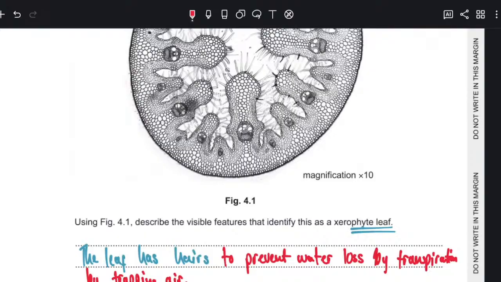The diagram will change, but there are things you should look out for that when you see, you will say, oh, this, oh, that. And here is one of the things, the hairs. The other thing which we said you should be able to see is a sunken stomata. The stomata is sunken. So we said the hairs, they trap moist air. So you can say by trapping moist air.